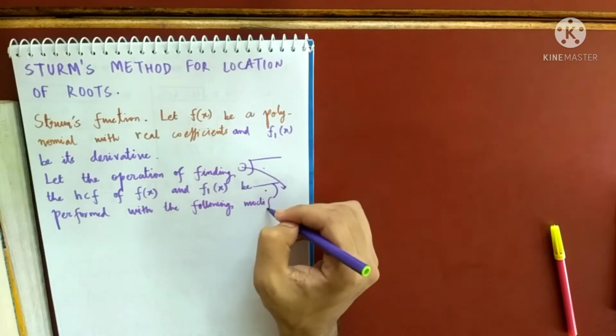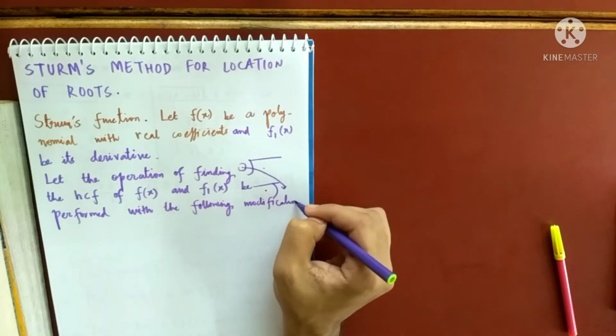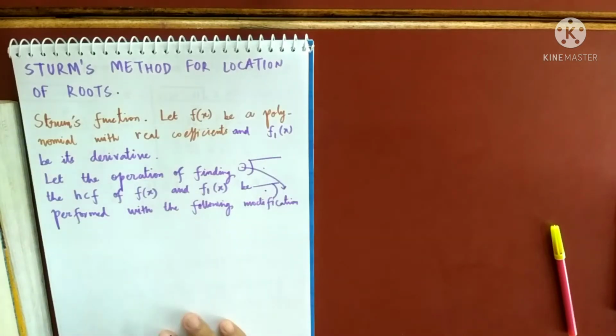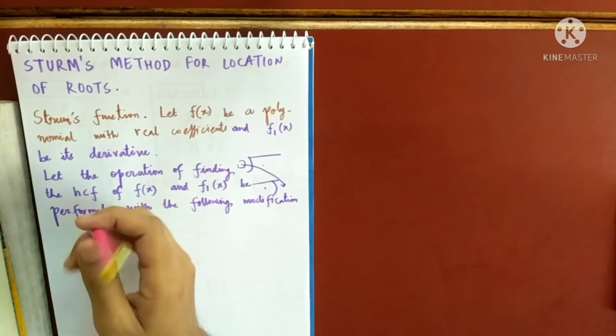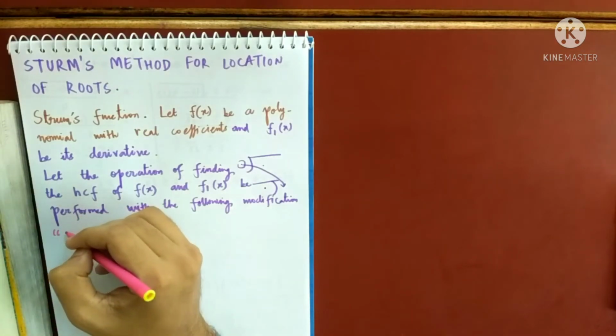That means we will use this long division itself to find the HCF, but we'll slightly modify this method. So the modification is as follows.